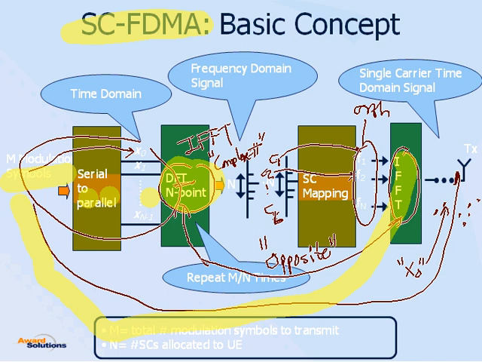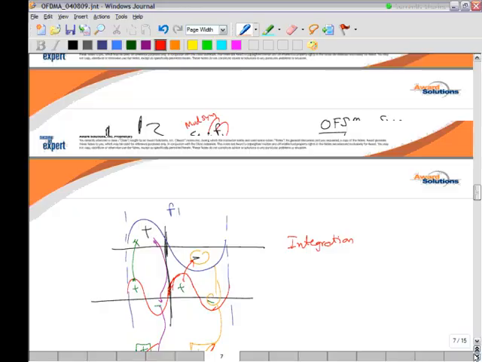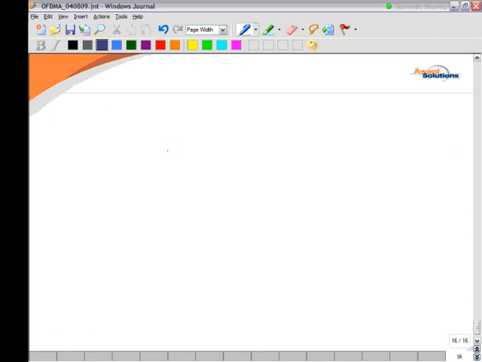Okay. Now let me draw a picture to illustrate why we are doing that. What is the basic idea behind that? To provide us motivation for SC-FDMA, let's see what this regular OFDMA IFFT is doing.